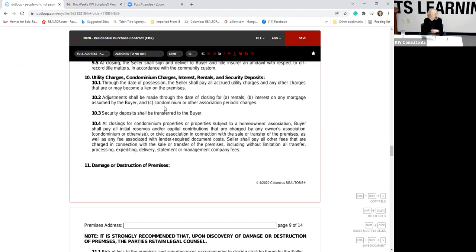And the security deposit, and again, I know everybody sells some investment properties, so the security deposit shall be transferred to the buyer. So that's what it says for the buyer. Now, if you have the seller of that property, you've got to make sure that he understands that the security deposit will be given to the buyer.